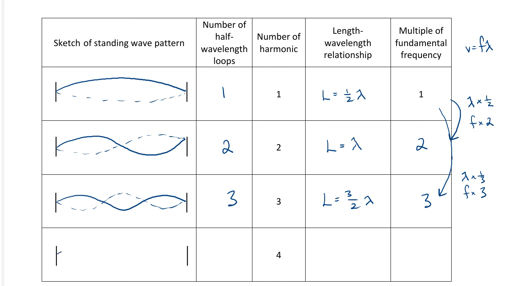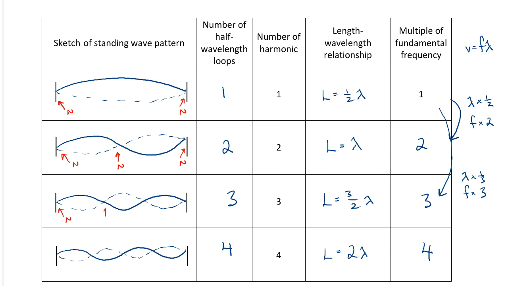And continuing the pattern, if we go up once more, we can fit 2 full wavelengths on the string. We would call this the fourth harmonic. We get it at 4 times the fundamental frequency, and here the length is equal to twice the wavelength. Again, notice that we have nodes in each of these. So the nodes are here, and we're adding one more node each time we go up in the pattern.